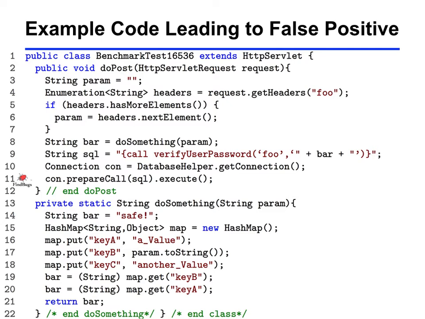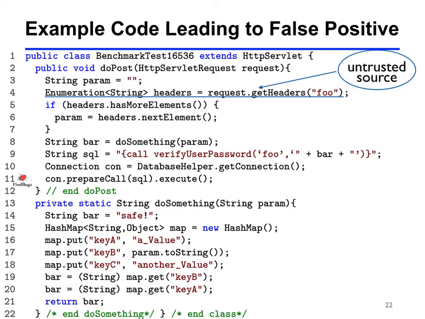This is a Java class with two methods, doPost and doSomething. The doPost method takes an HTTP servlet request parameter. At line 4, we get all the values of the foo request header. Then at line 6, we read the first value into the param variable.